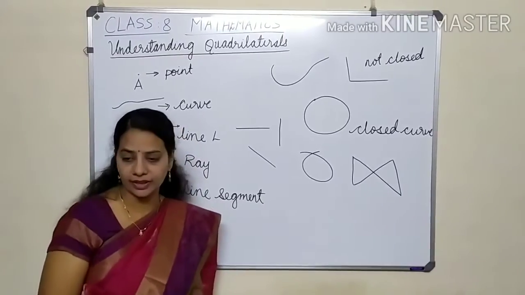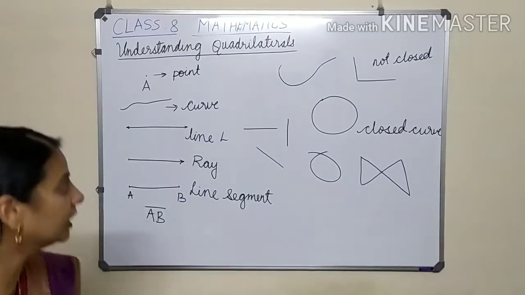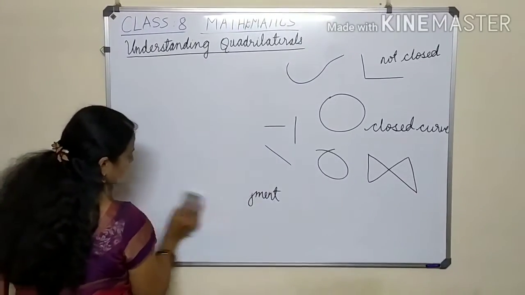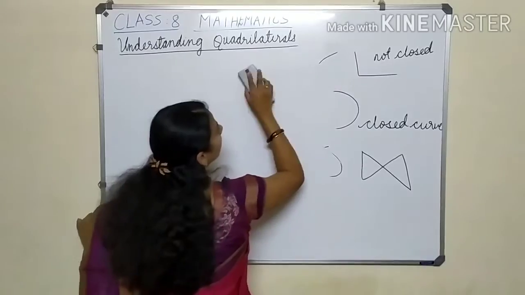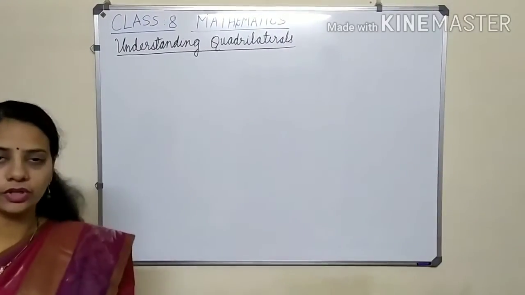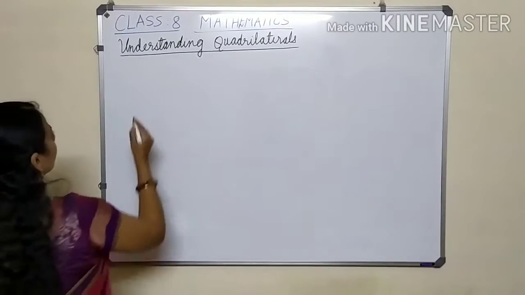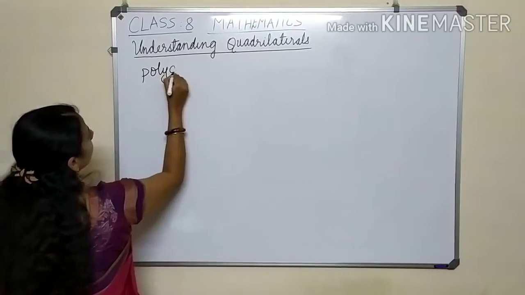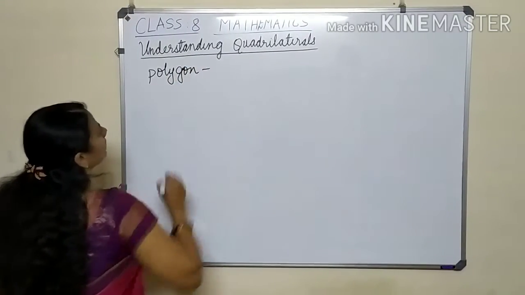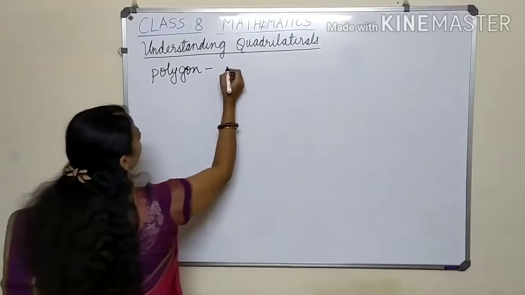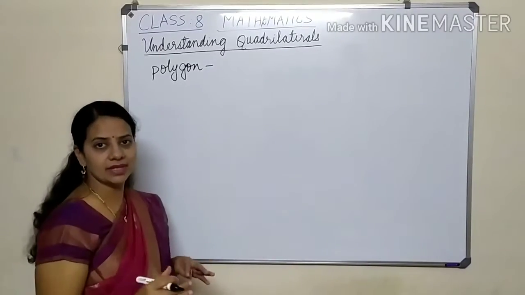Now coming to polygon. What do you mean by a polygon, children? A polygon is a closed figure which is made up of line segments.